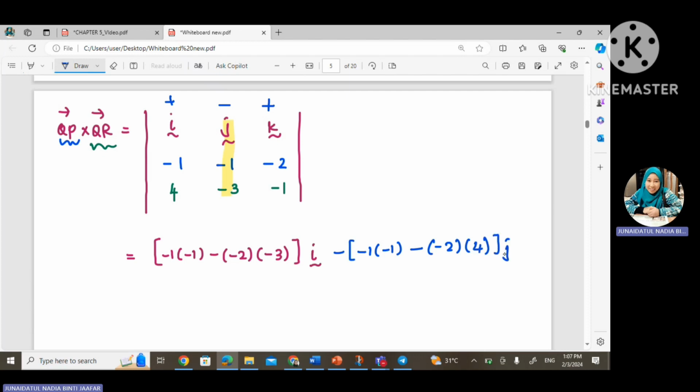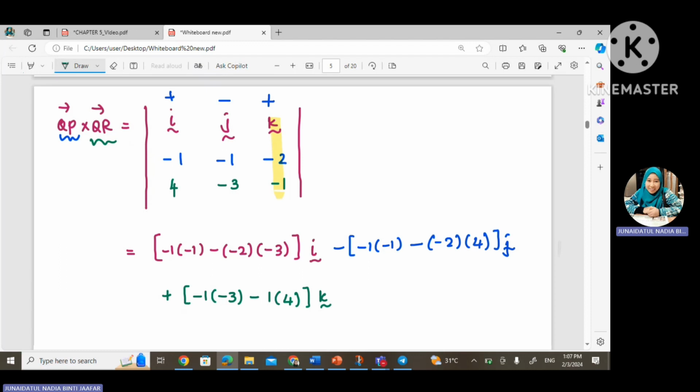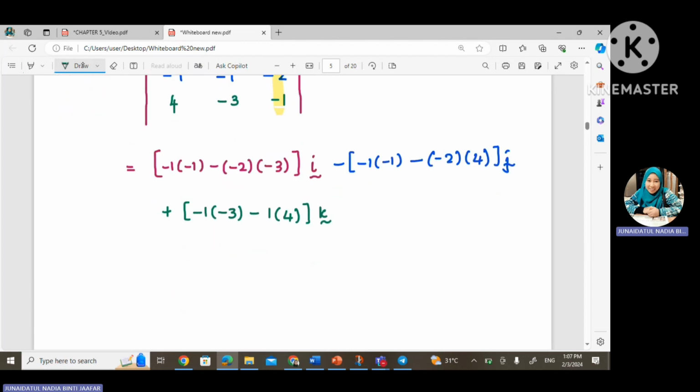And then plus for k, we have negative 1 times negative 3, and then minus negative 1 times 4.